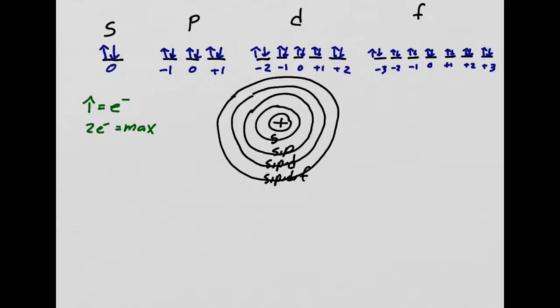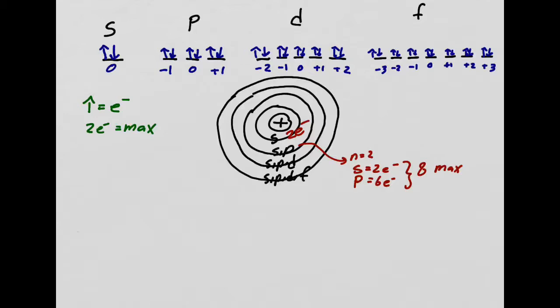So, again, in the first level you only have S electrons, so the max you can put is 2 electrons. Now here, second energy level, you have S, which you can put 2 electrons max. You have P, which you can put 6 electrons max. So 8 electrons is the max you can have.